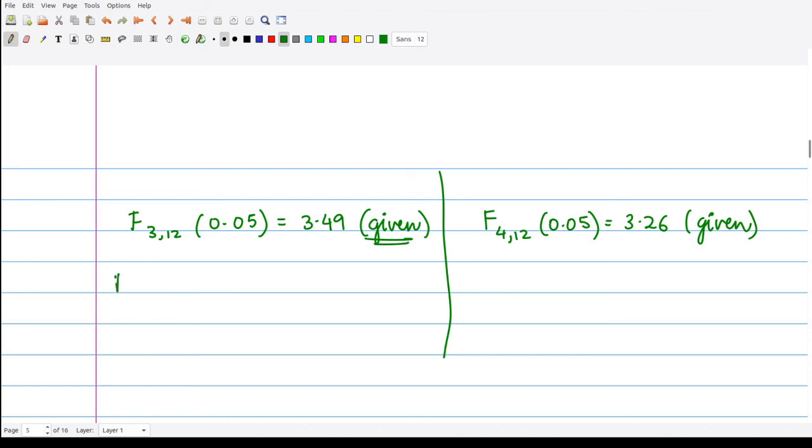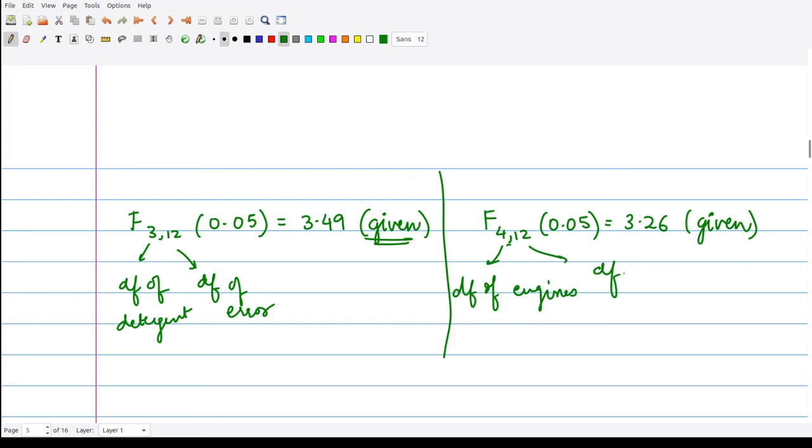Next we have the F ratio. So let me write down here. What is this 3? 3 is the degree of freedom for detergent, and this 12 is the degree of freedom for error. Here 4 is the degree of freedom of engines, and this 12 is the degree of freedom of error, right? So we'll compare this value with that of the F ratio.